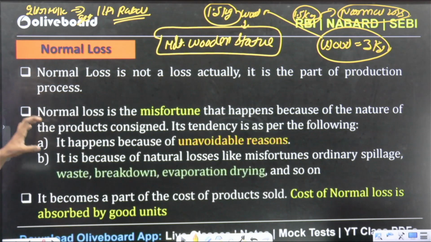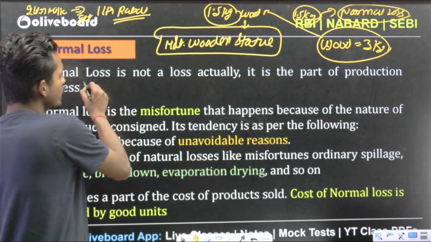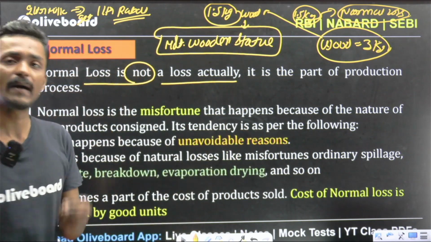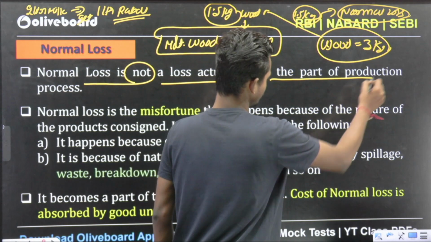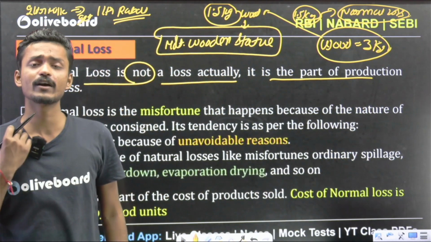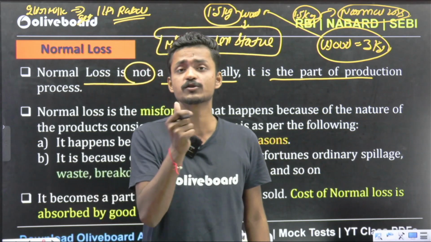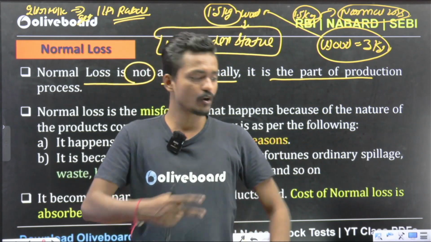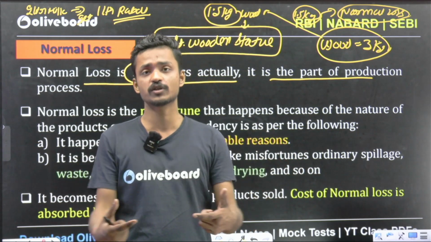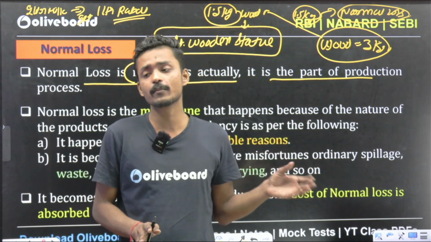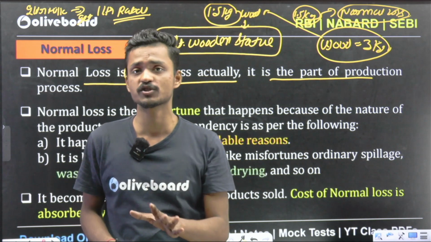Now first of all, let's understand what you mean by normal loss. So normal loss is actually not a loss. It's basically a part of production. When we are manufacturing a t-shirt, some amount of shred and wastage of textile happens, because we have to give the shape to these t-shirts. So we cannot say that all the wastage is our loss. No sir, that's not a correct statement.